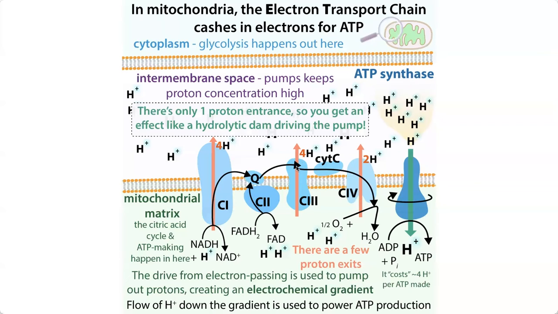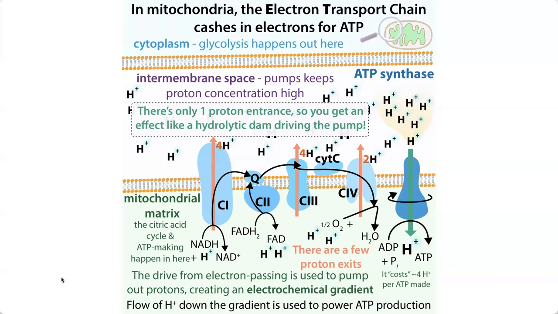Complex 3 is going to pass those electrons from one thing to another, pump out protons, and pass the electrons on to cytochrome C, which is a little protein that can then take those electrons to complex 4. Complex 4 is going to pass off those electrons, pump out some protons, and ultimately you get this gradient of protons built up that can then flow back through like one of those water wheels and generate the synthesis of ATP.